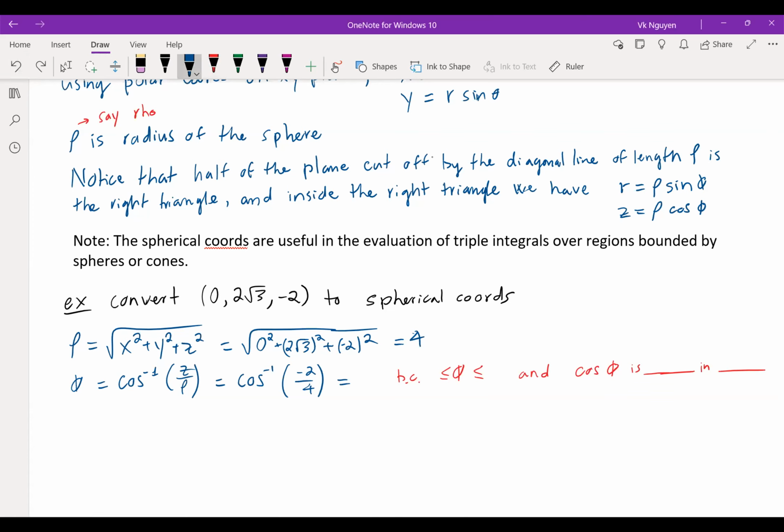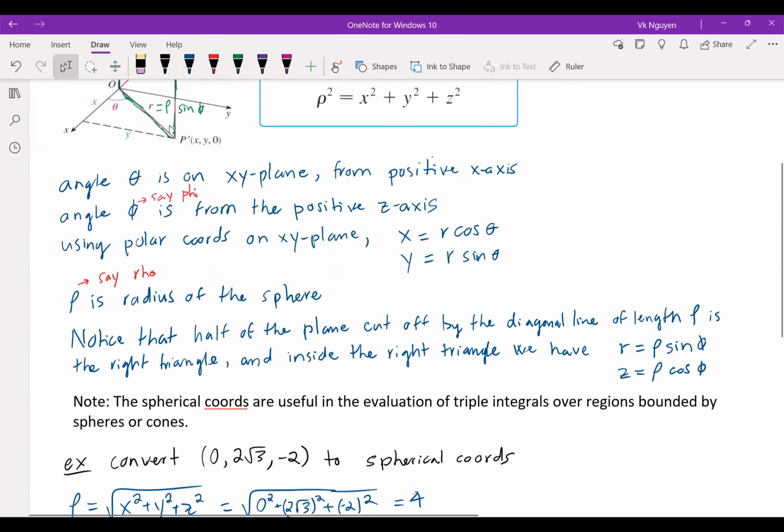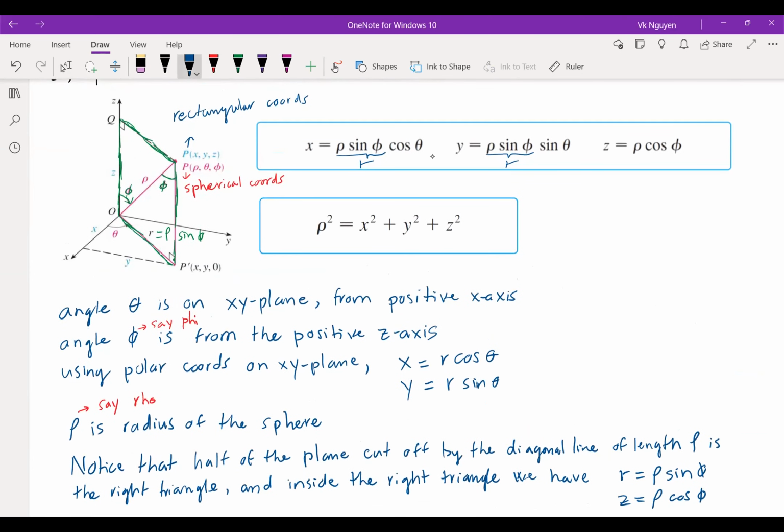Yes, pay attention on here. Because the angle phi here, we define phi to be the angle from the positive z-axis, right? So phi can only go up to pi. If it goes 90 degrees, it gets to the xy plane.